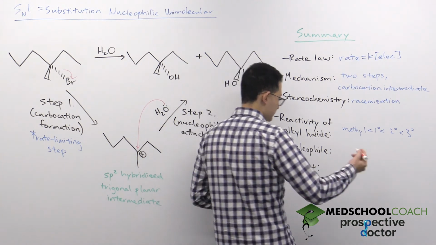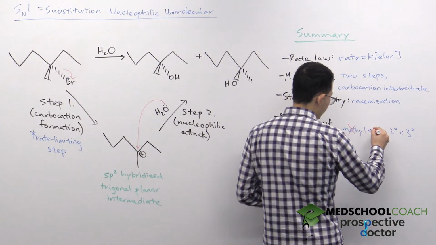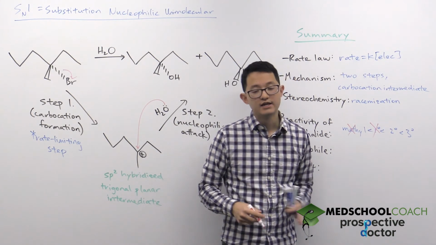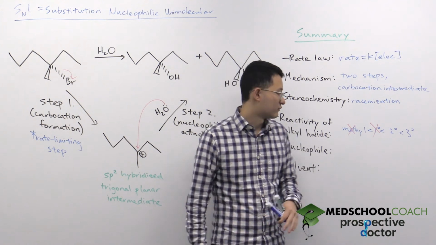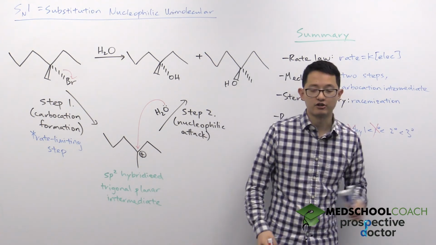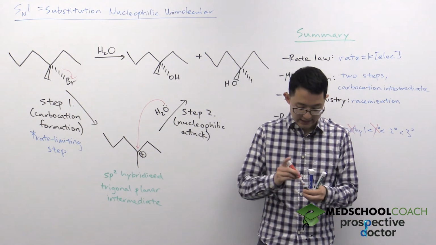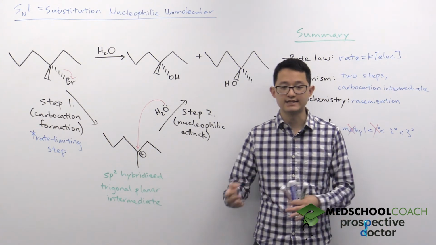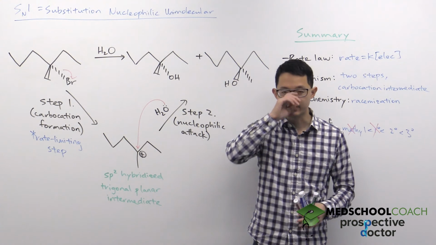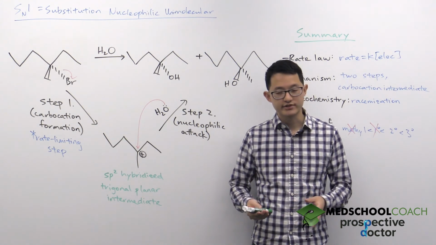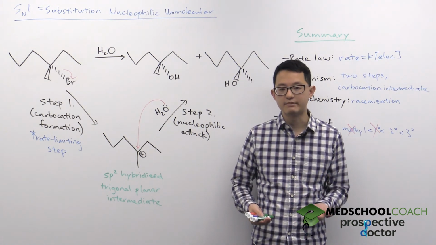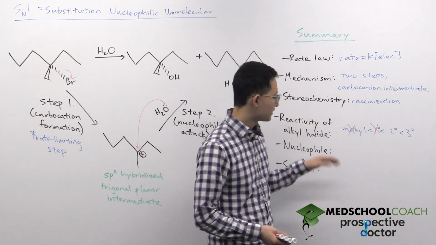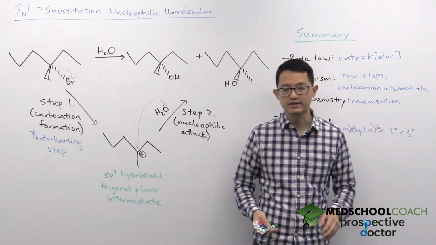Furthermore, it actually turns out that you can't even do SN1 reactions with methyl substrates or primary substrates. So you can really only do SN1 reactions with secondary and tertiary alkyl halides. And this actually makes it pretty convenient to distinguish between SN1 and SN2 reactions, because we said that SN2 reactions can only occur with methyl, primary, and secondary substrates, and SN1 can only proceed with secondary and tertiary substrates.